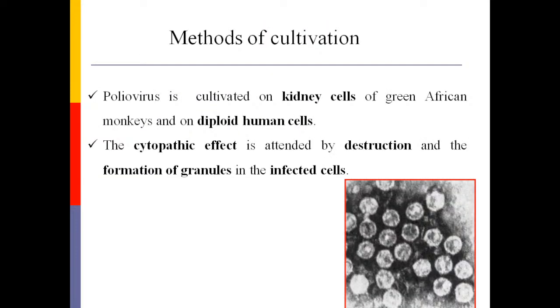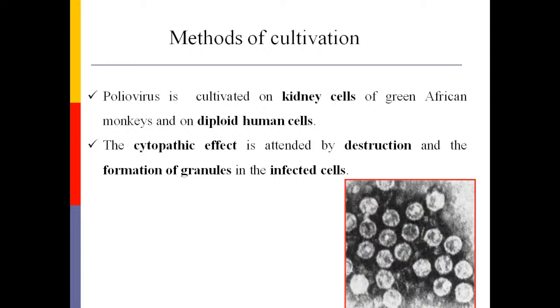Cultivation of poliovirus. Poliovirus can be cultivated on kidney cells of green African monkeys and on diploid human cells. How to understand that viruses replicate in these cells? We can see cytopathic effect. What is cytopathic effect caused by poliovirus?